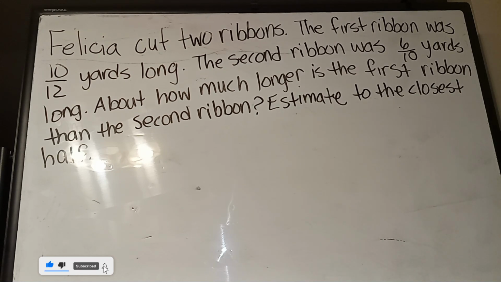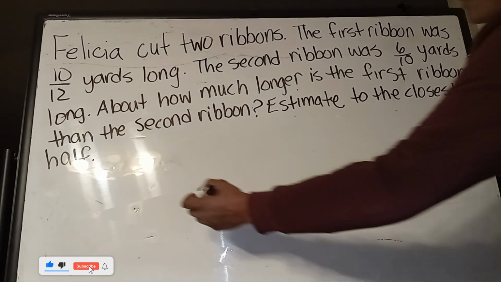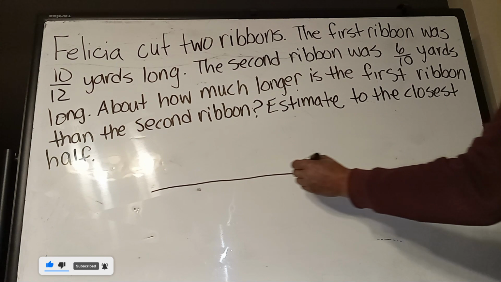All right, so this means we're doing something similar, and most likely just about the same. We're practicing how to estimate the fractions from 0, half, and a whole 1. So we're going to do the same thing like we just did with the last problem. We're going to take our first one and draw our number line.